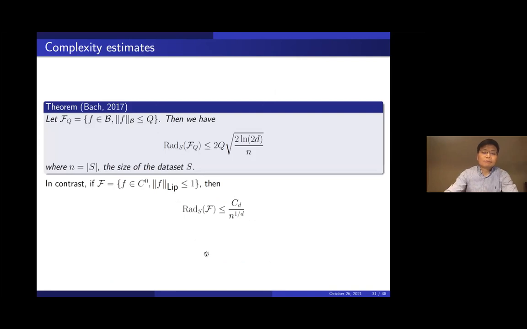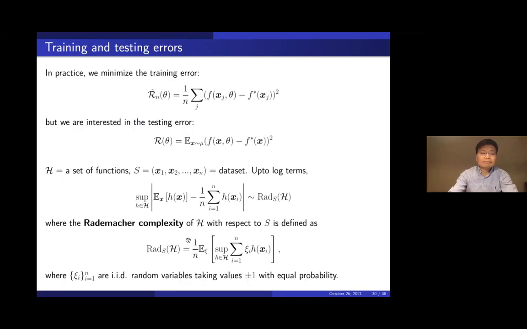Now, for example, if H is like a unit ball in the space of continuous functions, then this quantity would be order 1, because we're going to fit every data point perfectly well. So this will be n, so 1 over n, and then times n, that'd be order 1.